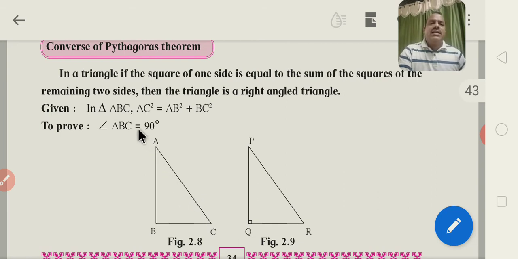And listen here, this theorem is the converse of the above Pythagoras theorem, and hence its given is triangle ABC and AC square is equal to AB square plus BC square. And what to prove here, angle ABC is equal to 90 degrees. This angle B is 90 degrees.